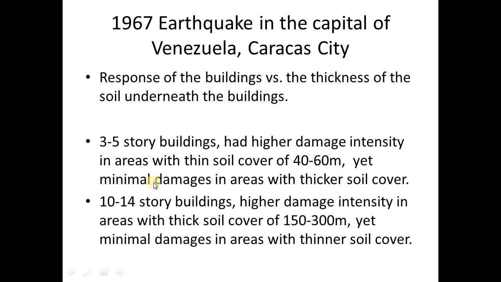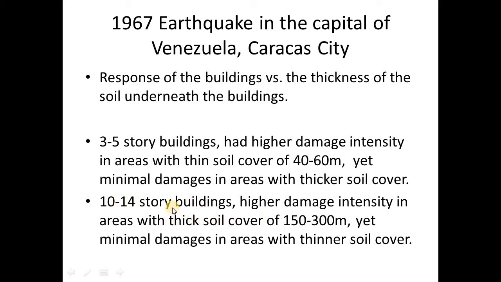For other types of buildings, 10 to 14 story buildings, we could classify them as a bit high rise. Those buildings experienced severe damages in places with thick soil cover.